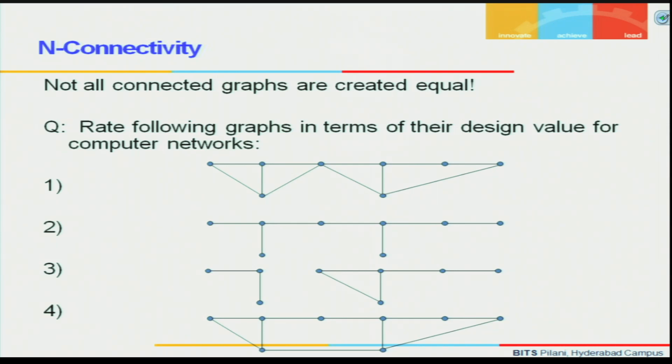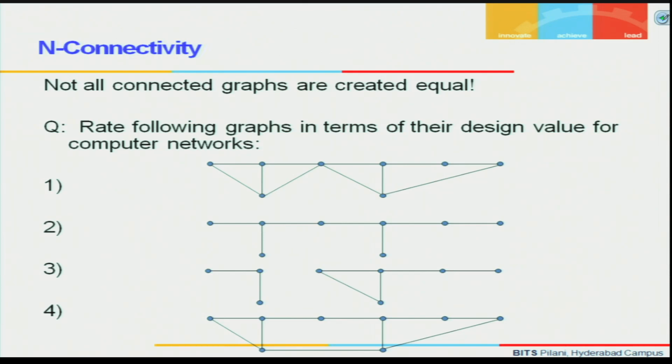The minimum number of nodes that need to be deleted from a connected graph to make it disconnected, and that minimum number of nodes is called the connectivity.